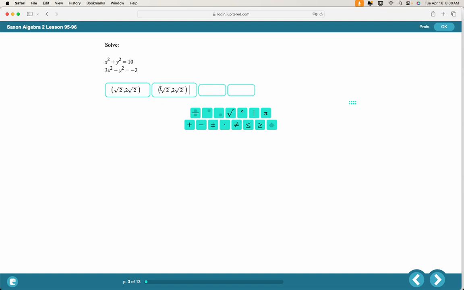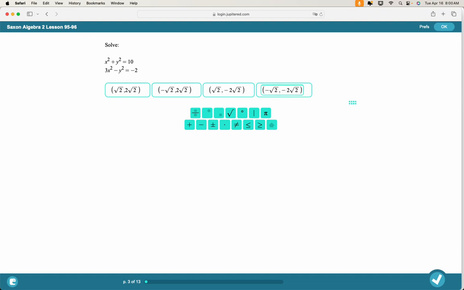All right, so we'd have the same answer if this were negative, and then we would have a negative version here. And then we get another one of these if x were negative square root of 2.